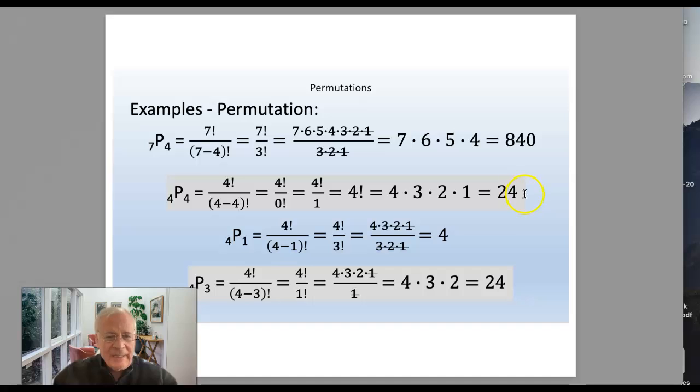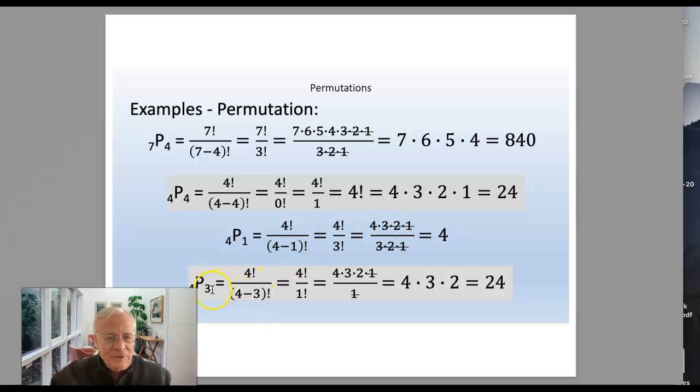There's 24 ways to arrange 4 things with 4 slots. Now 4 permutate 1: I'm just going to choose 1. I'm choosing from 4, so I'll just pick 1 each time. There's 4 ways to do it.